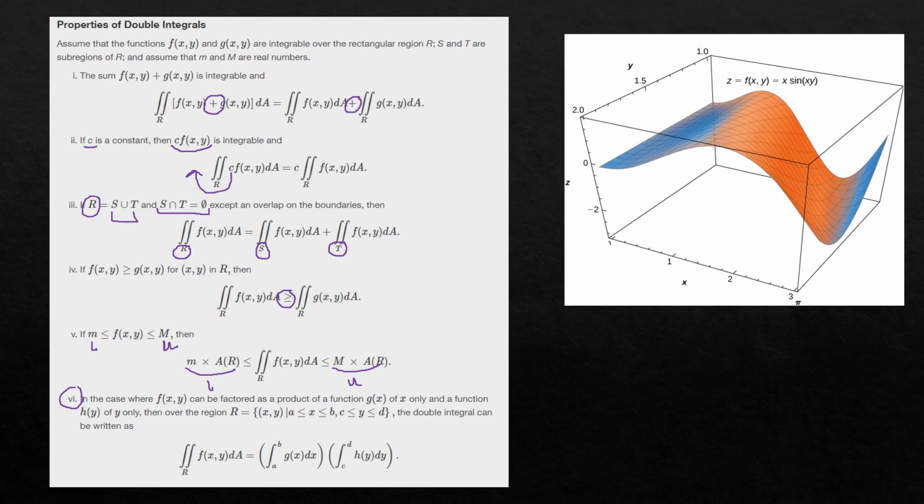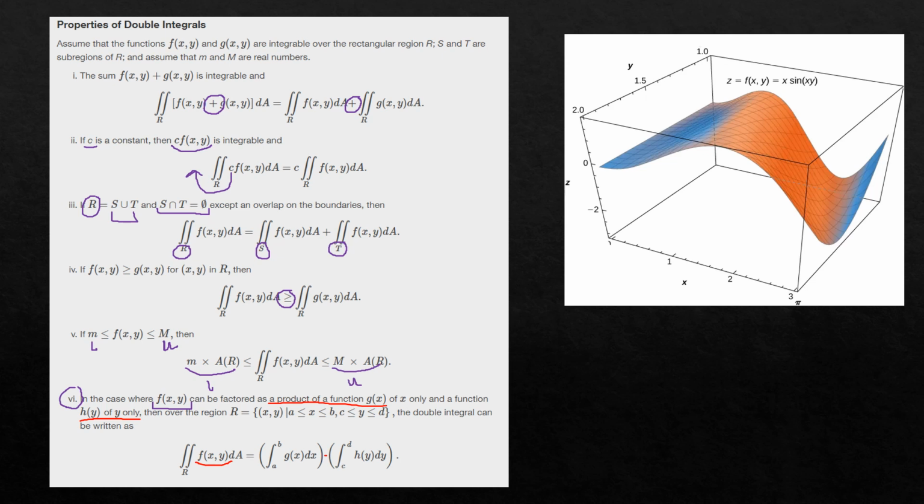So here we have the following. We have a function f of x, y, and then if we can factor it as a product, right? So if we can factor this as a product of two functions where we separate the variables and we only have a function g that's only in terms of x and then function h only in terms of y, then we can split this integral right here into a product of two integrals.